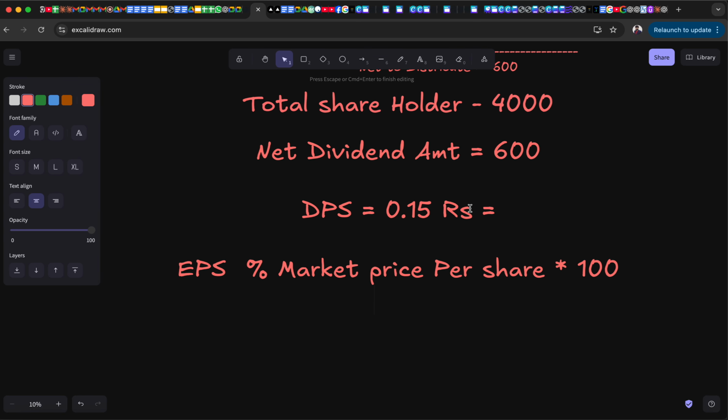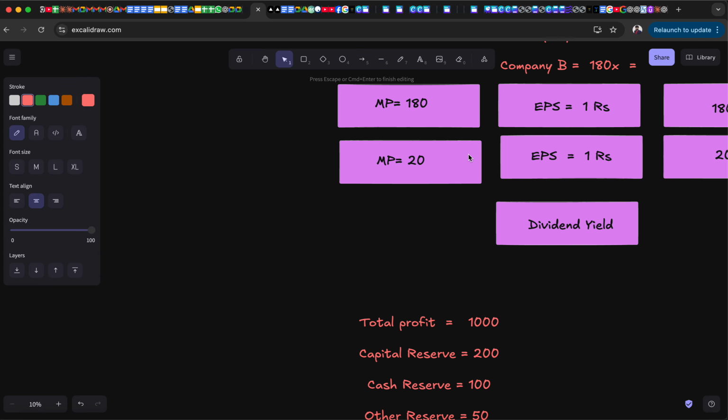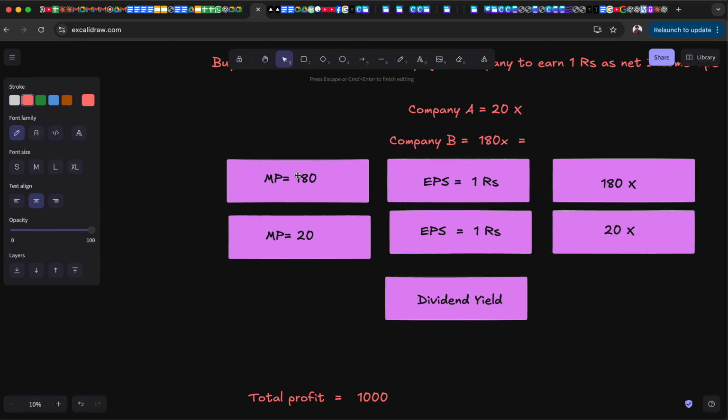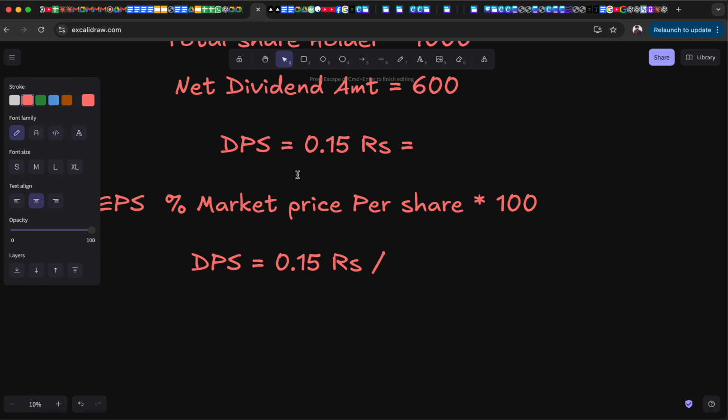So let's now convert into percentage. The DPS, which is 0.15 rupees, convert against the market price per share. You have two companies, but we are talking about the first one. The market or current price per share is 180, into 100.